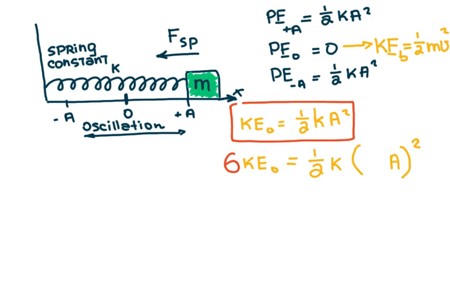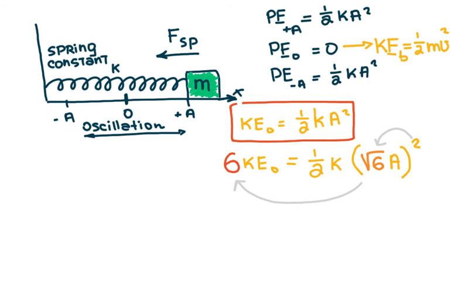I need A, because it's still a multiple of distance A that I have to take away from the equilibrium, but right here I need the square root of 6. If I square the square root of 6, I get that extra 6 in front.